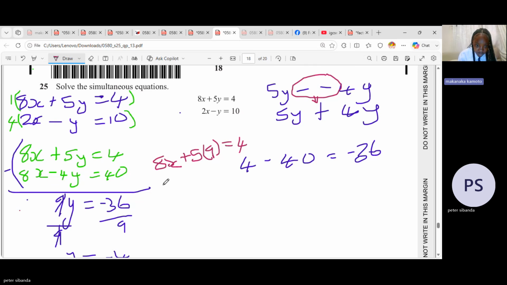So now it becomes 45. Okay, so it becomes 8x plus 45 is equal to 4.